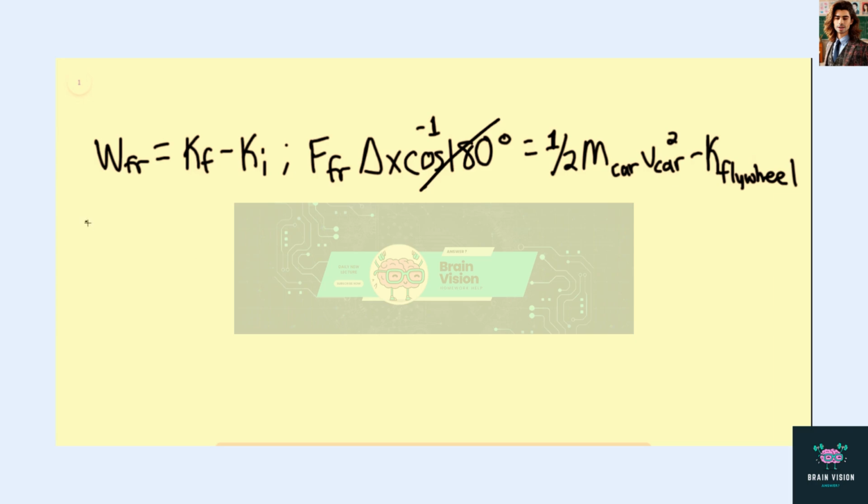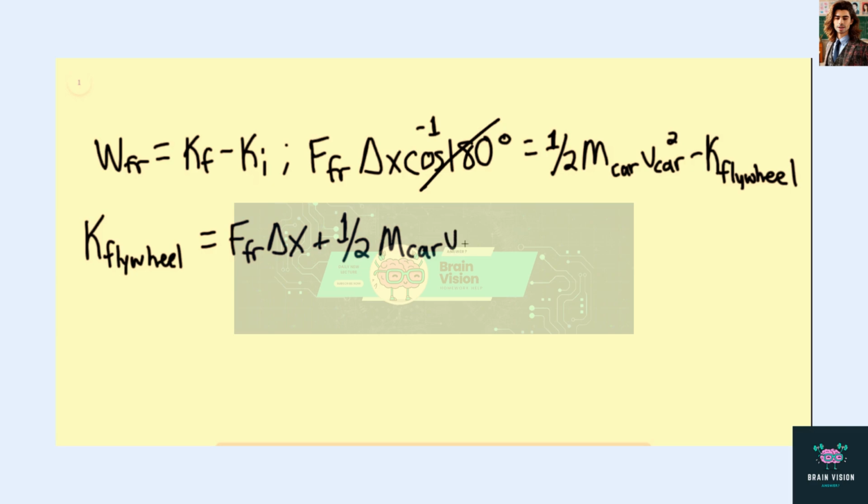We can then say that the kinetic energy of the flywheel we know to be the force of friction times the change in displacement in the x direction plus 1/2 times the mass of the car times the velocity of the car squared.